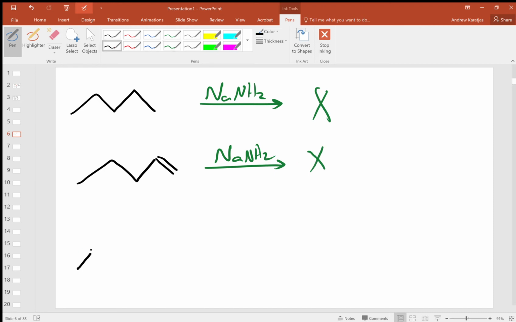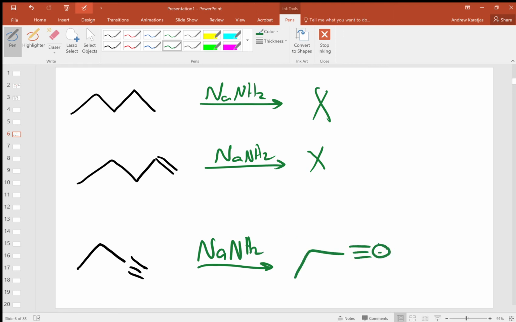Yet, when we add that same strong base, sodium amide, to a terminal alkyne, we're able to form an anion. Well, the primary difference here is the hybridization. Alkanes, sp3, sp2 for the alkenes, and of course sp for the alkyne.